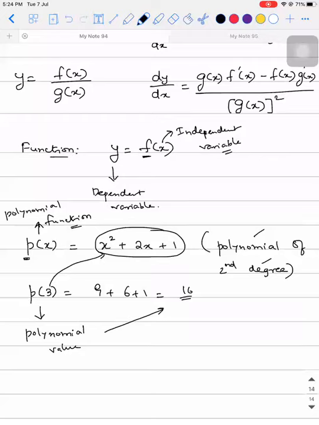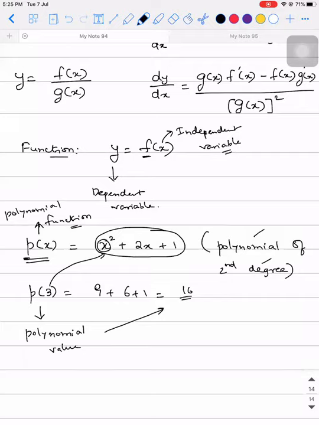Now, in these two, which one is dependent and which one is independent? X square plus 2x plus 1, that is p of x, is dependent, and the variable x is independent.